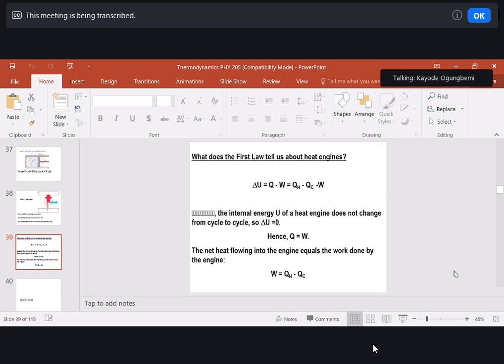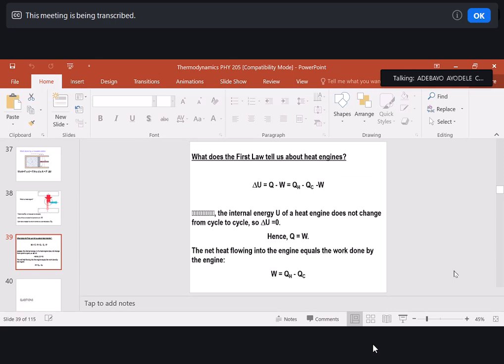So what does the first law tell us about the heat engine? The first law is telling us that delta U equals Q minus W. You remember that? Delta U is the change in internal energy of the system. Yes, sir. Q is the heat supplied to the system.